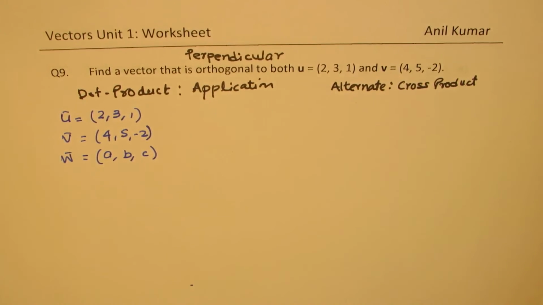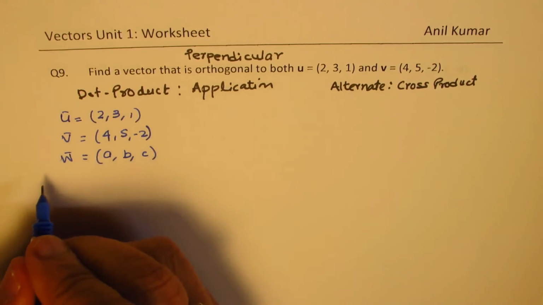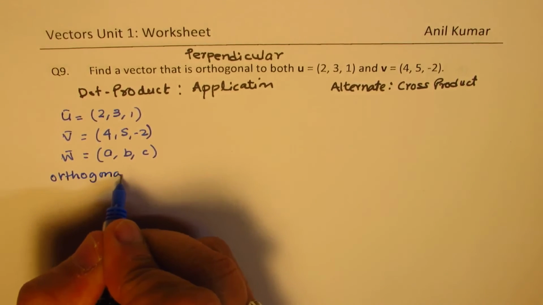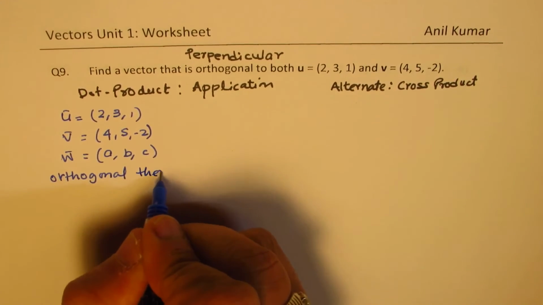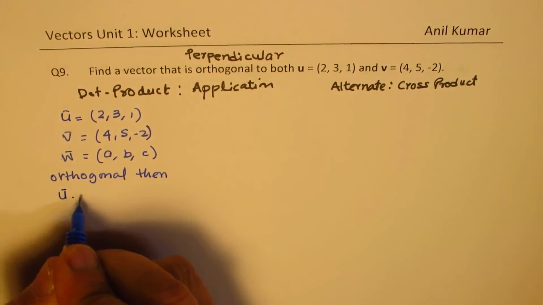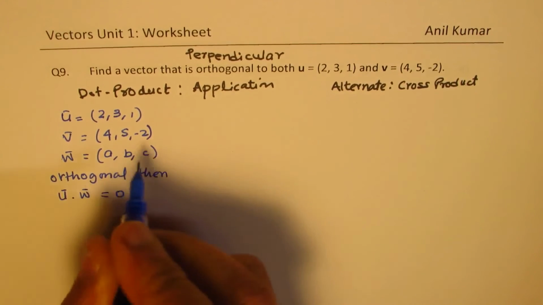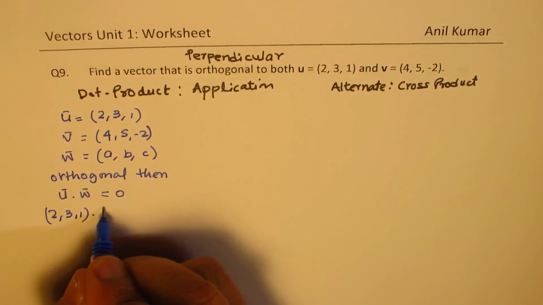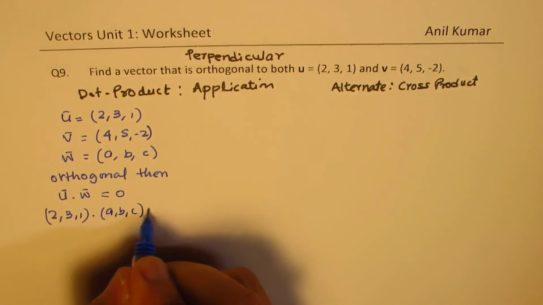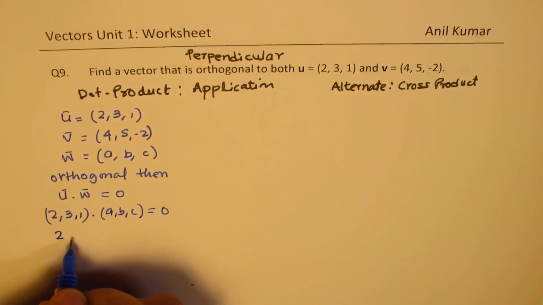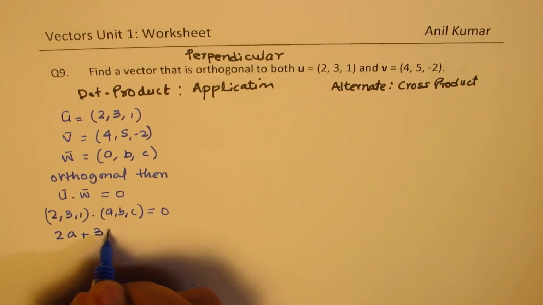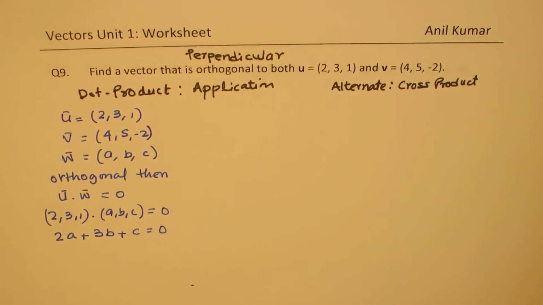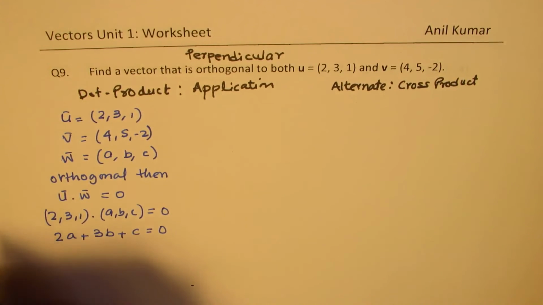Now, if w is orthogonal, then vector u dot w should be equal to 0. So that means (2, 3, 1) dot (a, b, c) should be 0, and that gives you 2a + 3b + c = 0. So we get one equation. Let's call this our equation number 1.